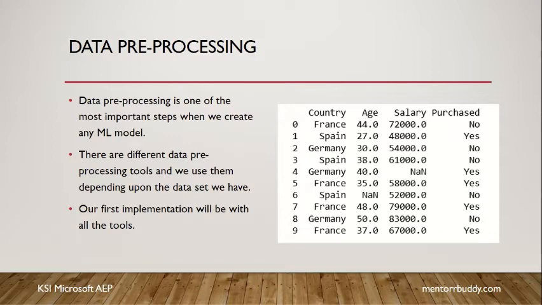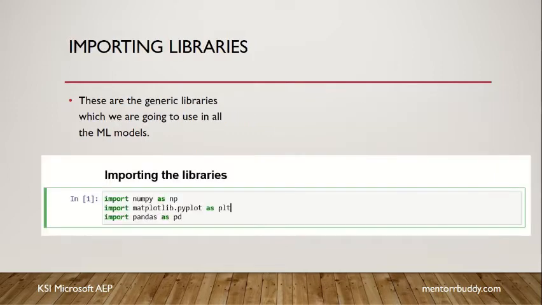EDA is also a set of techniques which we perform on our data to identify which of the data pre-processing steps we are going to use, right? So here, as I have written, there are different data pre-processing tools and we use them depending upon the data set we have. Our first implementation will be with all of these tools. After they are done, our data is processed for our actual machine learning algorithm to work on.